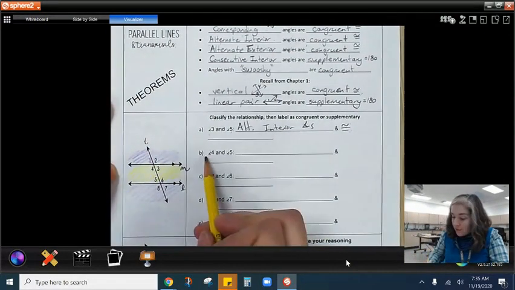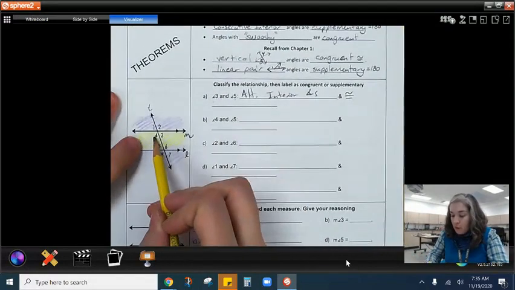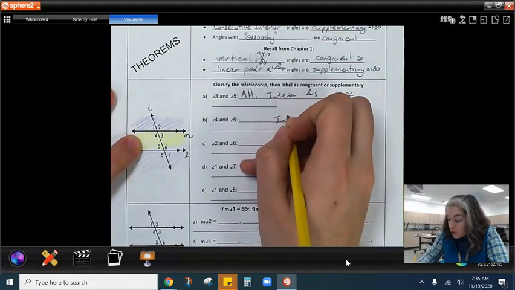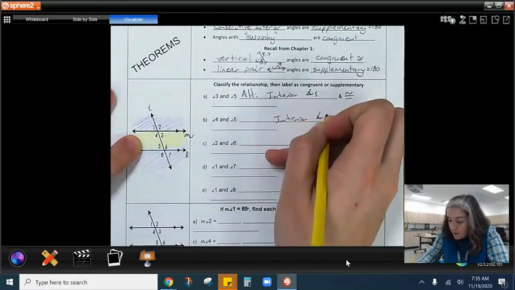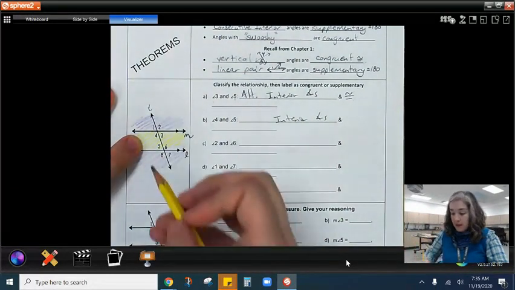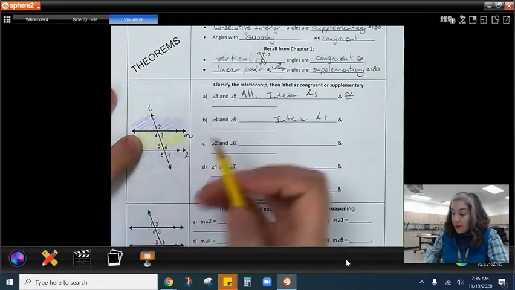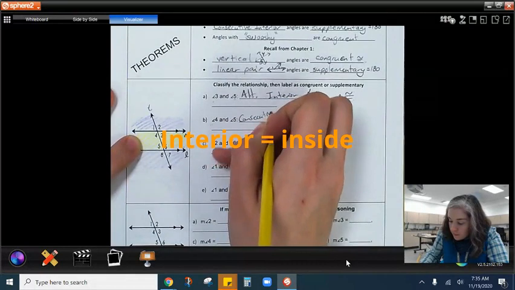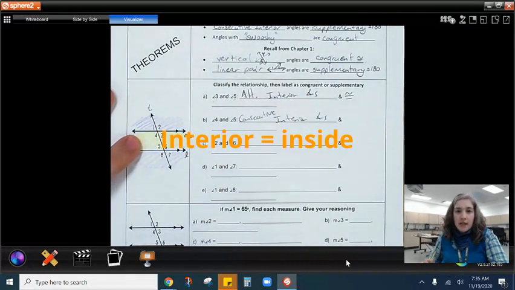So let's take a look at 4 and 5. They are both in the yellow, so they're also going to be interior angles. And now we have to decide, are they consecutive, same side, or are they alternate, opposite sides? Well, they are both on the left, so they are going to be consecutive. The book might call them same side interior.